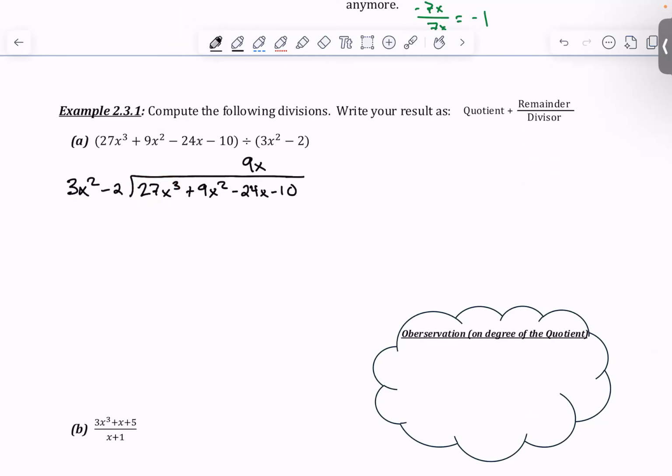You can go off on the side and do 27x cubed divided by 3x squared. The 3 and the 27 cancel, leaving a 9, and the x squared cancels out 2 of the x's, leaving you with an x to the first power. So that's why it's 9x.